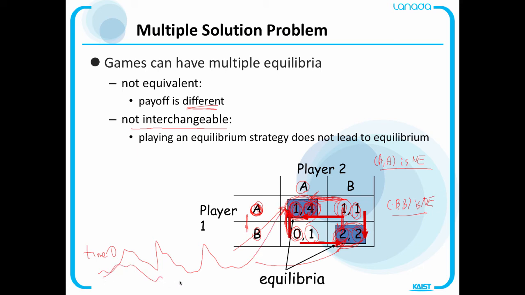Or like here and this way, and then here, and I'm stuck. The equilibrium concept is not talking about such dynamics. I don't know what happens in the middle of the time. This is just a simultaneous game, and we are interested in identifying what the equilibrium is. In order to talk about that, we need to talk about a different thing.